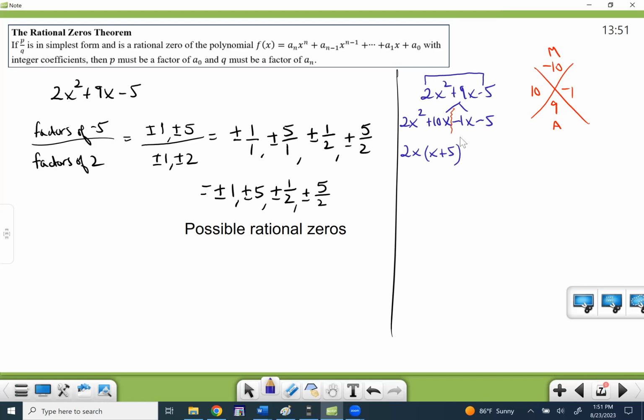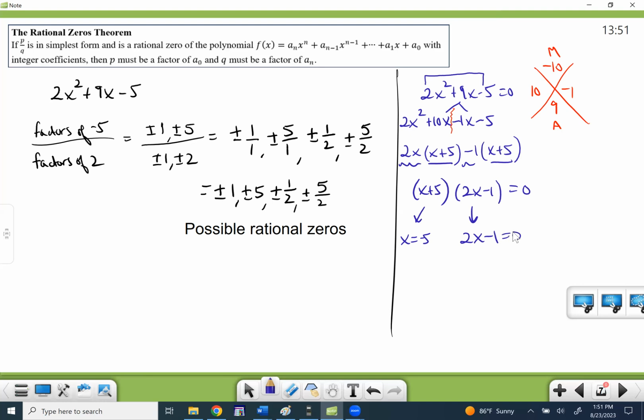And we're going to have to take out a -1 in order to make the signs change on this second term. All right, so now these match. So we got x plus 5, and the leftovers are 2x minus 1. And I'm going to set it equal to 0 to find the zeros. So this would get me -5. And when you set this equal to 0, let me actually do it so you can see something.